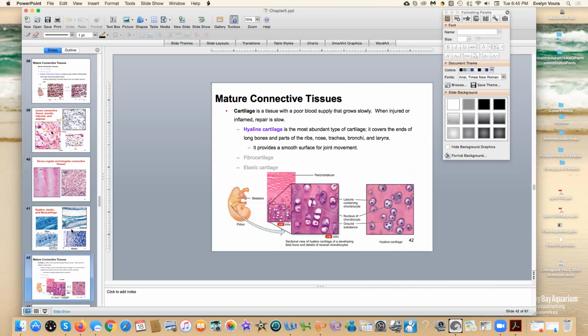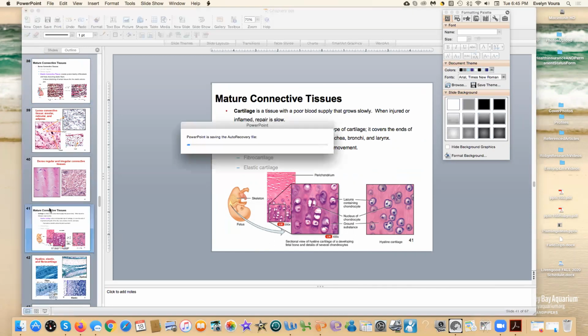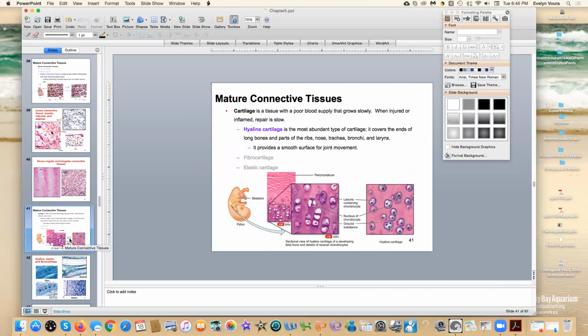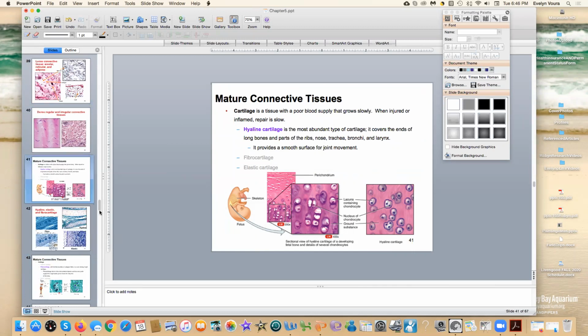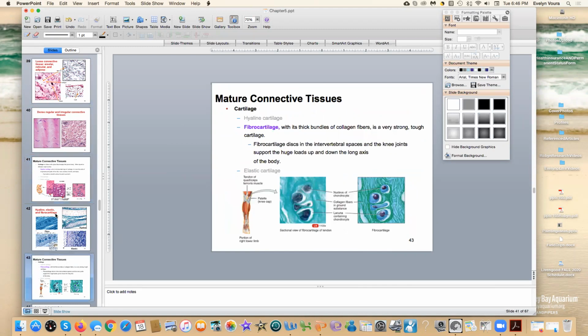I think what I should do is I'm going to move this slide before that. All right, so we're going to go over the different cartilages, just so that you know, and you're not surprised when you see this, okay?